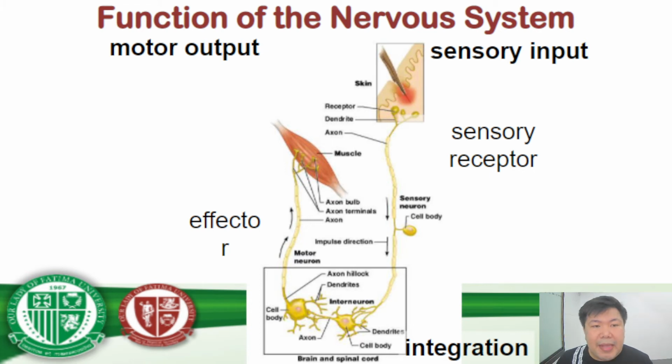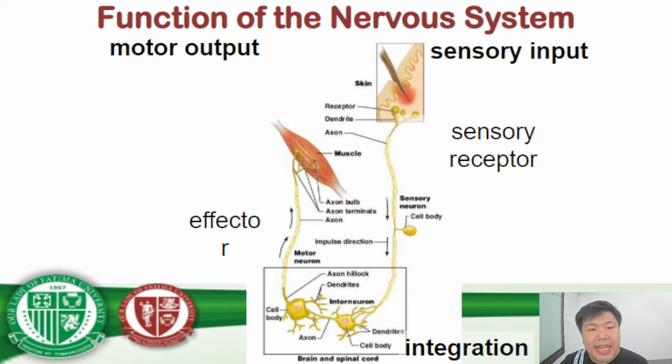So, in this image, I want to show you how that happens, no? So, in our skin, there are several receptors. So, ang skin kasi natin, it can detect different sensations such as pain, vibration, touch, and heat. Diba? Nakakaramdam tayo ng mga ganyang bagay. So, let's say that somebody punctures you, tinusok ka, no? And your skin receptors will be able to detect that.